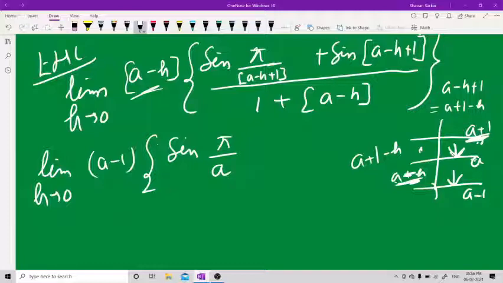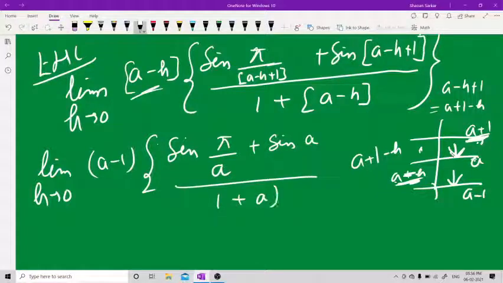Now see, plus sine, this again will be a, with the same concept, upon 1 plus a minus h, sorry, a minus h. A minus h is this portion. So I'll get a minus 1. This will be a minus 1. Now see one thing.